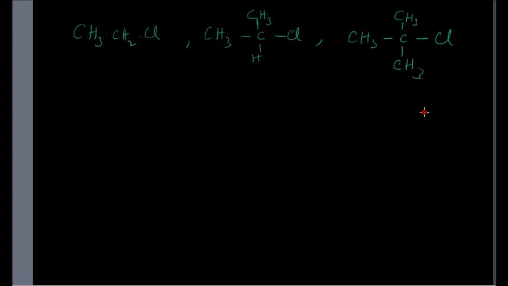A secondary alkyl halide has the carbon attached to two alkyl groups, so it will be a little less reactive than the primary alkyl halide, and the tertiary alkyl halide will be least reactive.